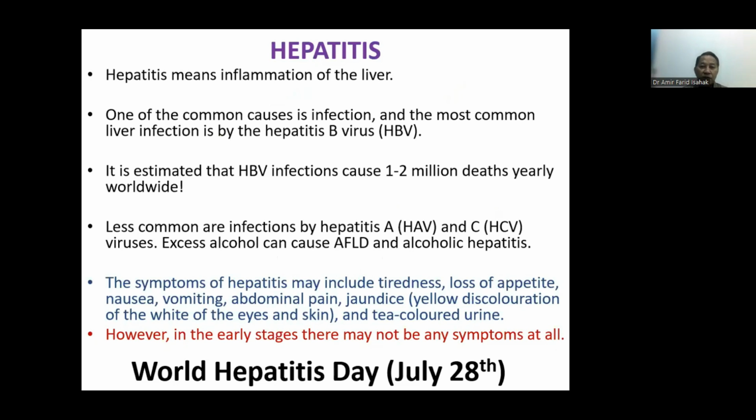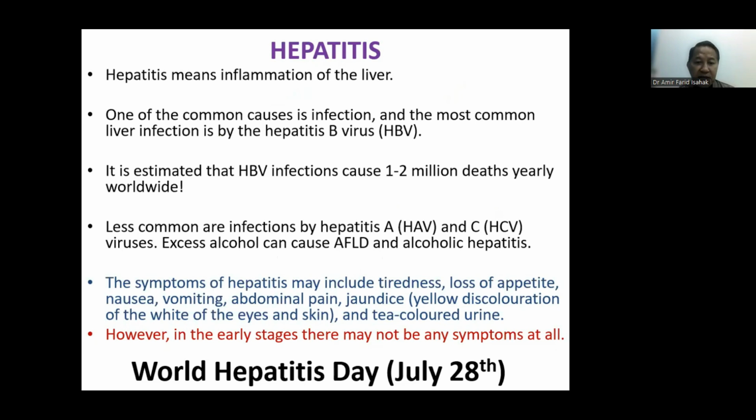And then we move on to the other group of diseases, the hepatitis, which we normally would refer to as viral hepatitis. But hepatitis by itself means inflammation of the liver from whatever cause. So one of the most common causes is infections, and the most common liver infection is by the hepatitis B virus, or HBV.